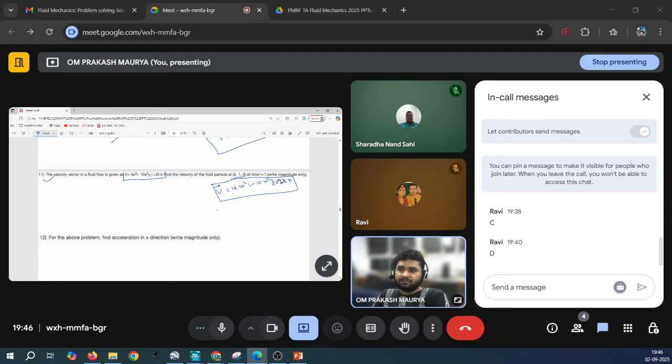So you have to calculate your velocity. This is the velocity vector. So what should be the velocity at 2, 1, 3? This is your x, this is y and this is z, and t is equal to 1. You can say 1 second. Here the unit is not written, but you can consider 1 second.